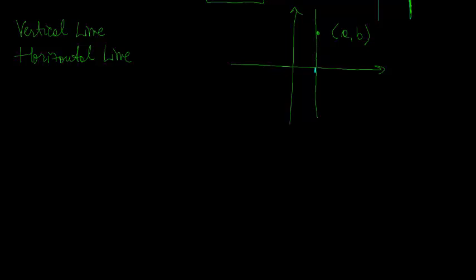Well, the x coordinate is fixed, namely at the value of a, so we record again the coordinate that is fixed, and this represents the equation of my vertical line.